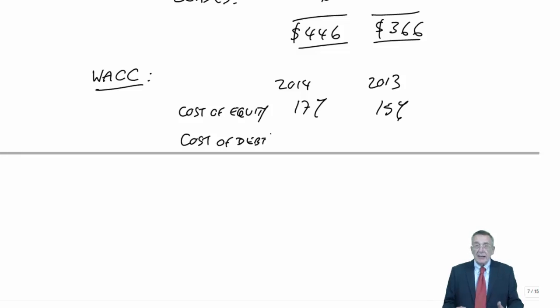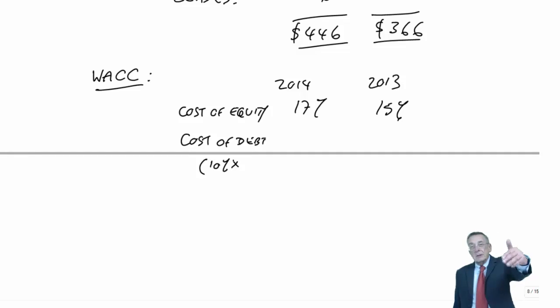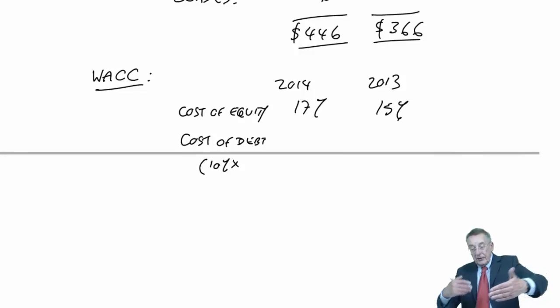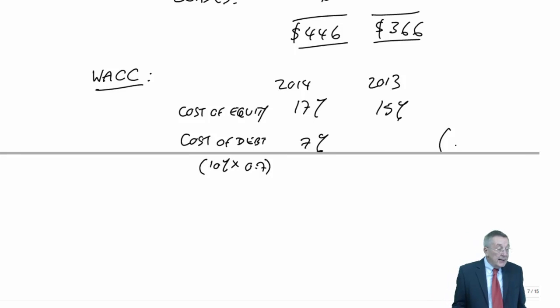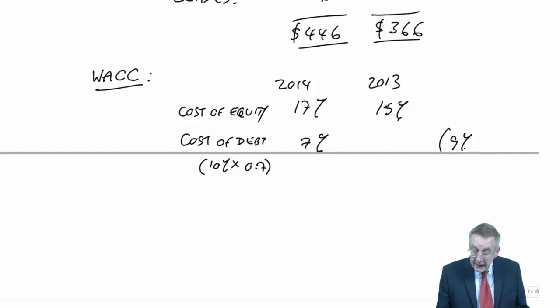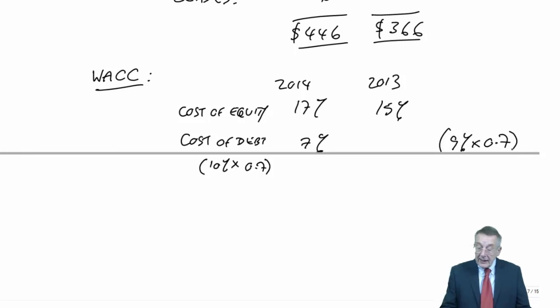And so, because we're saving tax on the interest, the net cost is actually lower. So in 2014, it was 10% before tax. There's tax somewhere at 30%. So we're paying out 10%, we're saving 30% of it. The net cost after tax is 7%. And similarly in 2013, 9% interest, but because we save tax on the interest payments, the net cost is 6.3%.